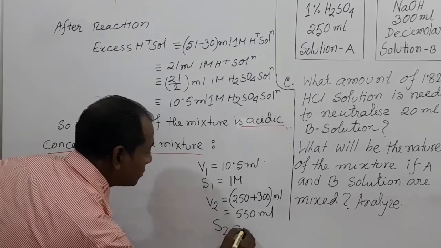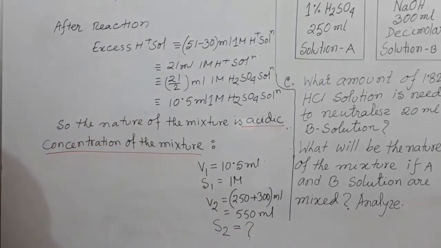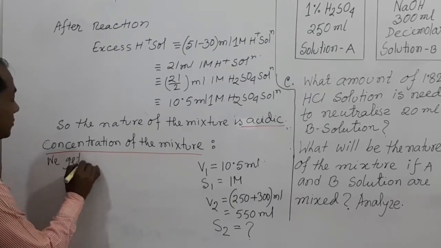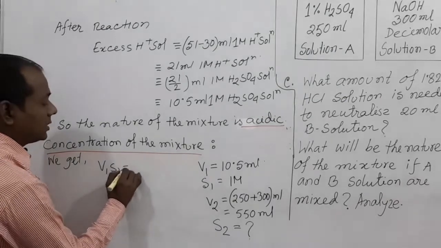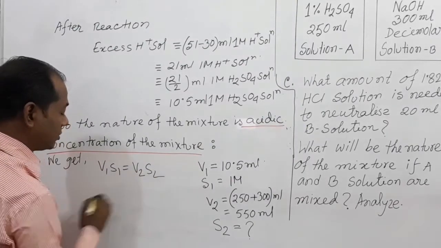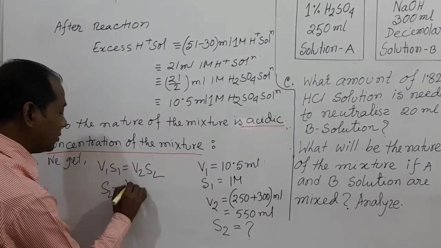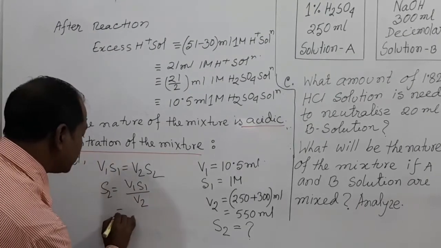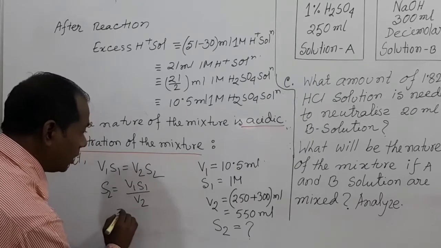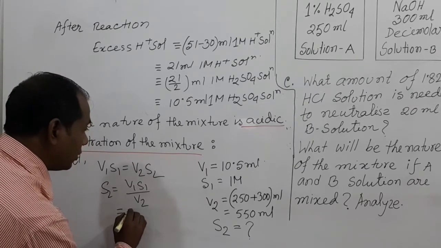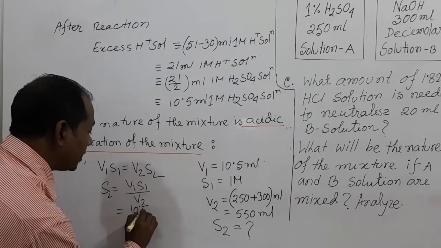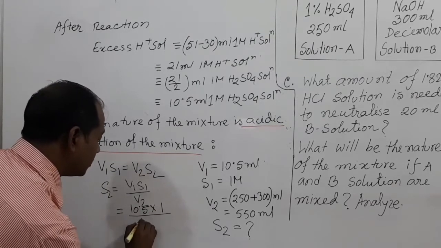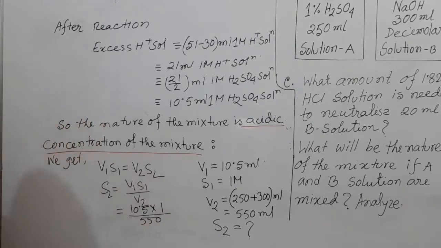That means S2 equal to what? My dear students, we know that V1 S1 equal to V2 S2. So S2 equal to V1 S1 divided by V2. That means 10.5 into S1, 1, divided by V2 equal to 550.